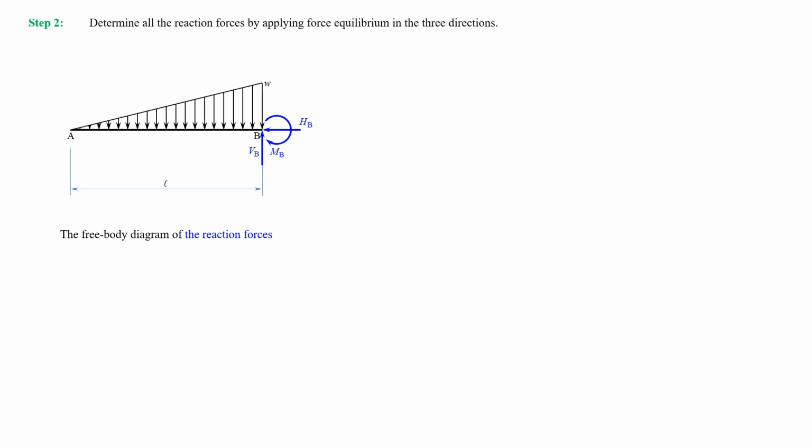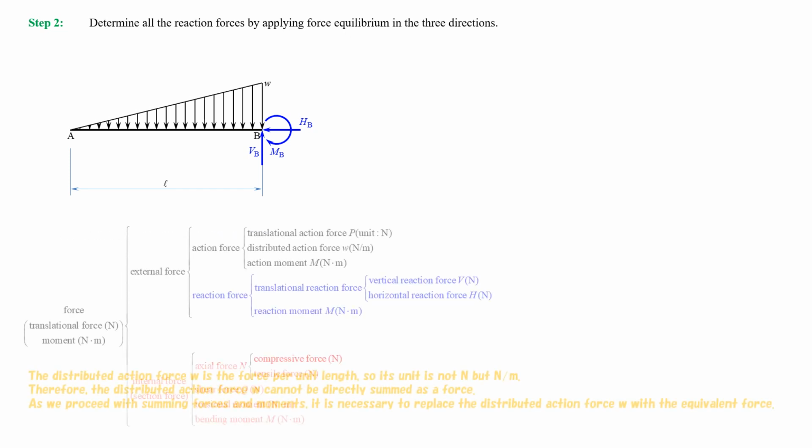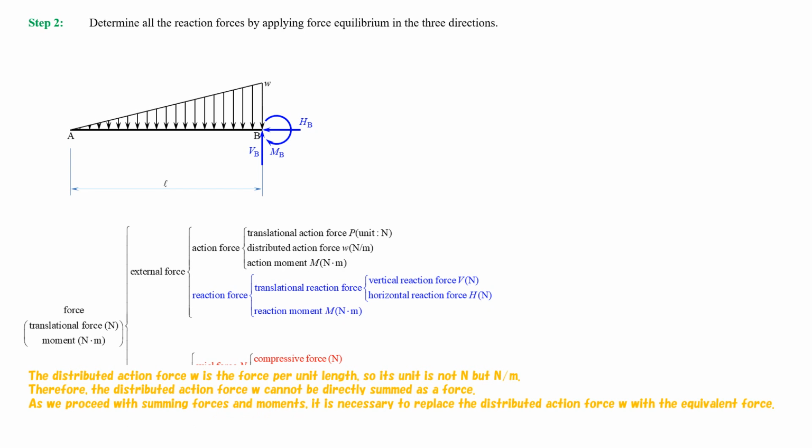Step 2. Determine all the reaction forces by applying force equilibrium in the 3 directions. The distributed action force, W, is the force per unit length, so its unit is not Newton, but Newton per meter.